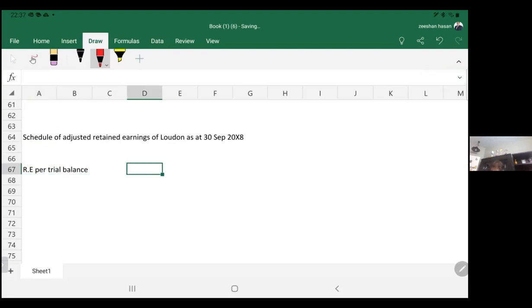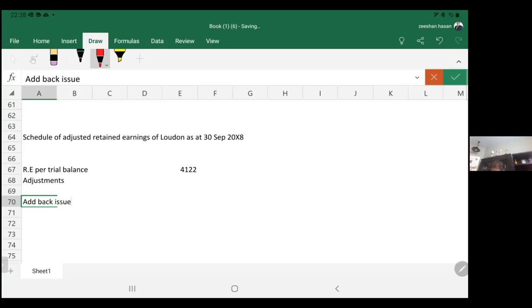Okay. Now 4122. Now the adjustments. Firstly, add back issue cost of loan is 120. It was 125,000. I'm writing it as 125. Hope you don't mind.